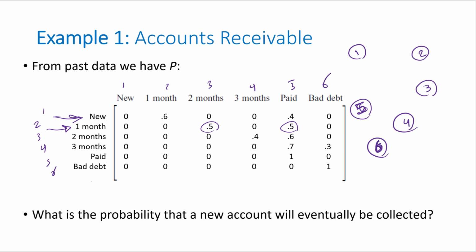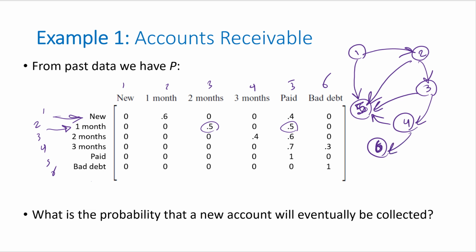So 1 month new account, next month it will either be paid off or become 1 month overdue, state 2. Next month either it will be paid off or become 2 months overdue. 2 months overdue, next month either paid off or becomes 3 months overdue. If it's a 3 month overdue account, next month they will either be paid off or they will become a bad debt.